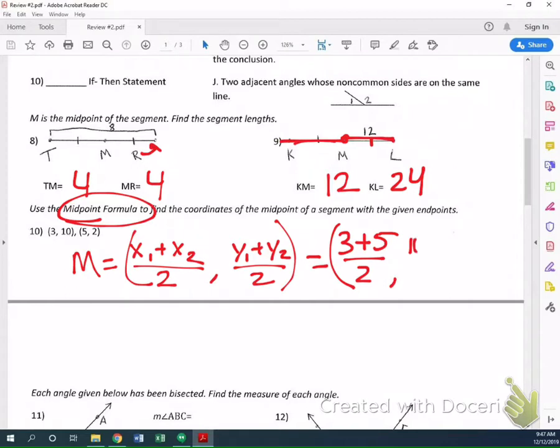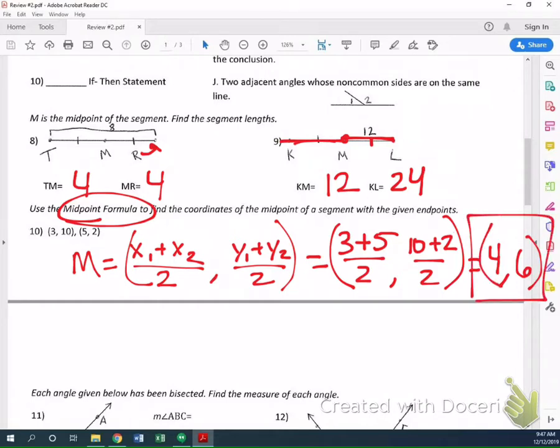And the y's are the 10 and the 2. So that would give you 8 divided by 2, which is 4, and 12 divided by 2, which is 6. So that is definitely a good option for your note card today. Any questions on the front side?